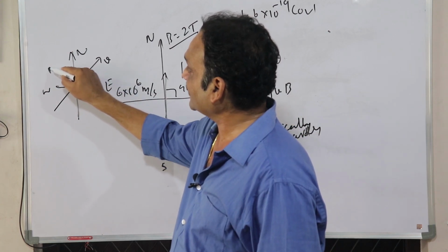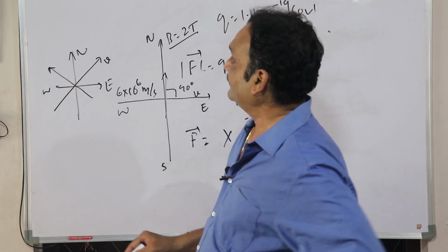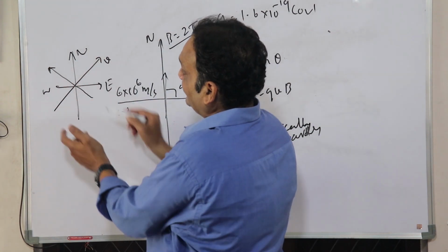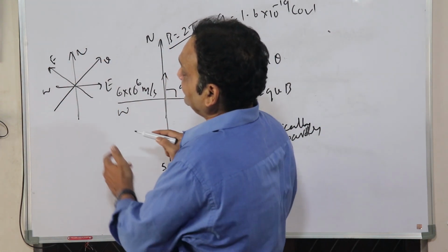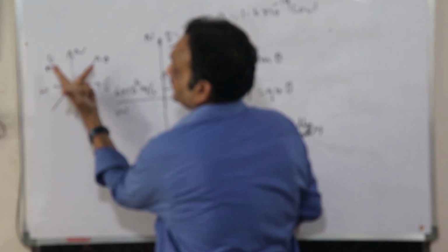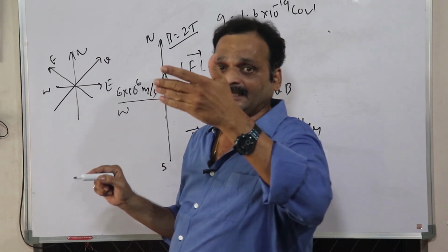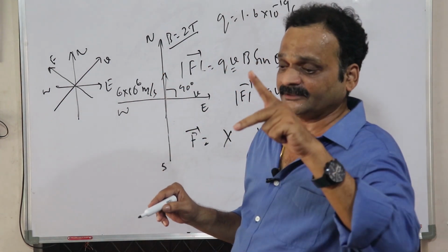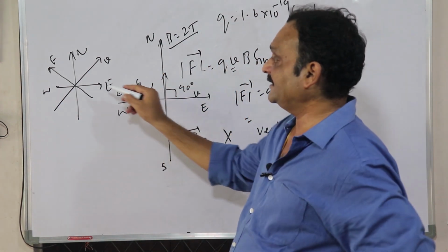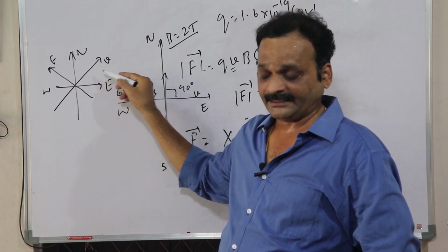Means velocity is in this direction, field is like this. Then you have to put your fingers like this. The finger is pointing, the thumb is pointing outwards. That is, the force is again out of the board, or vertically upwards, we say. So use this Fleming's left hand rule. It becomes easy to find the direction of the magnetic force.